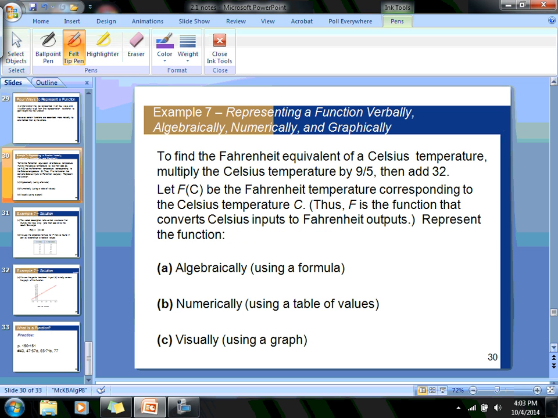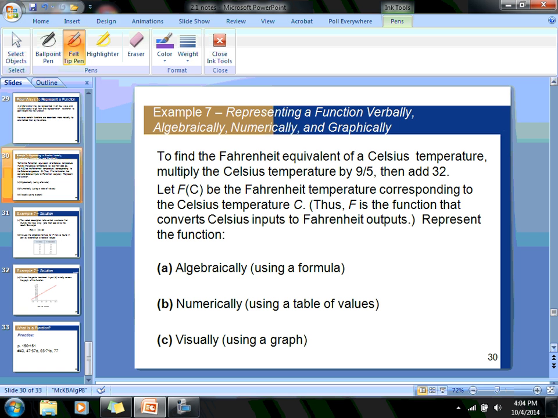All right, so example 7 here. This is our last example, and this is talking about how you can use one function and represent it in multiple ways. So it says to find the Fahrenheit equivalent of a Celsius temperature, multiply the Celsius temperature by 9/5 and then add 32.